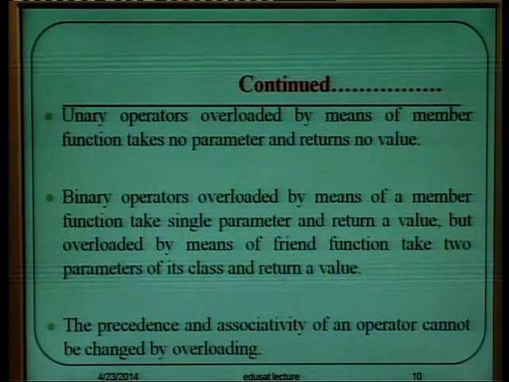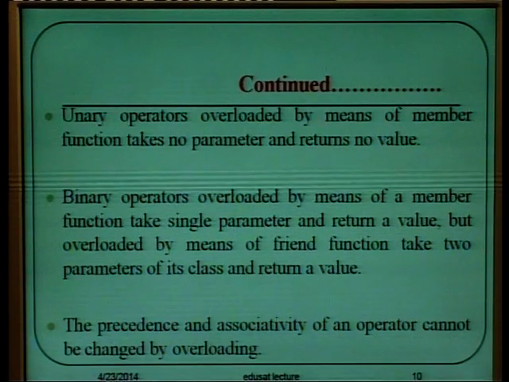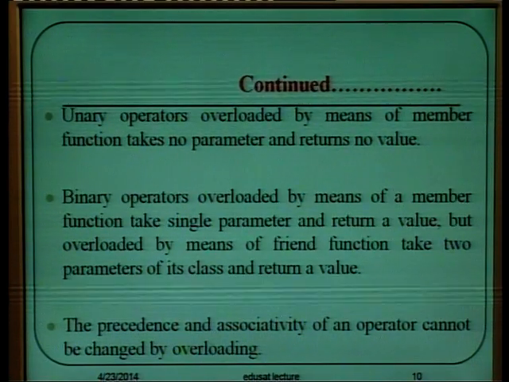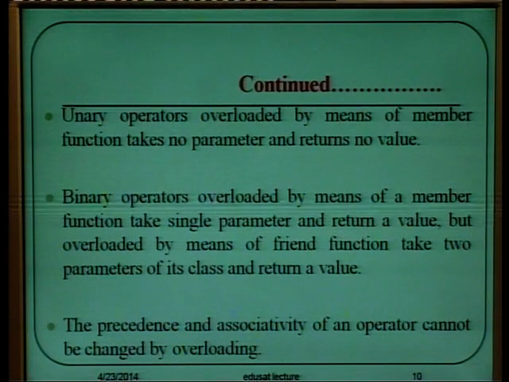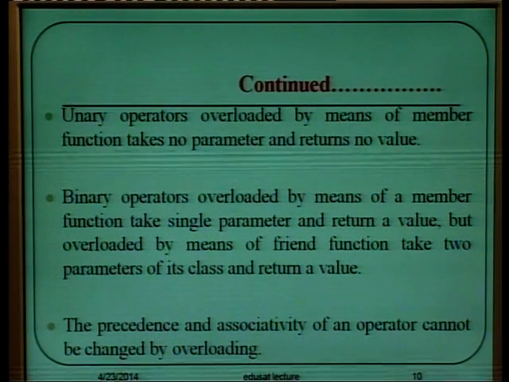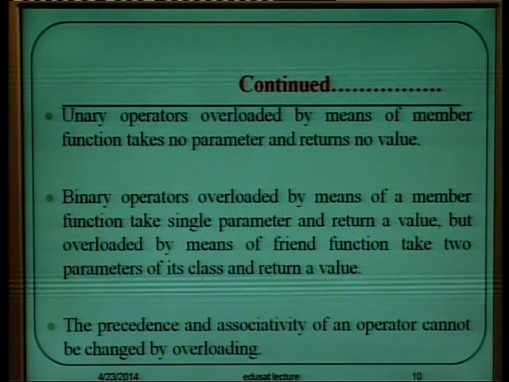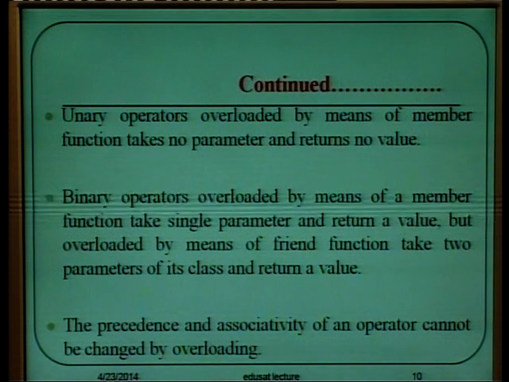That means in a friend function we are taking objects. The friend function takes parameters of its class, like objects of two classes, A and B, object of A and object of B, taking the values from these two classes and performing the operations on them.